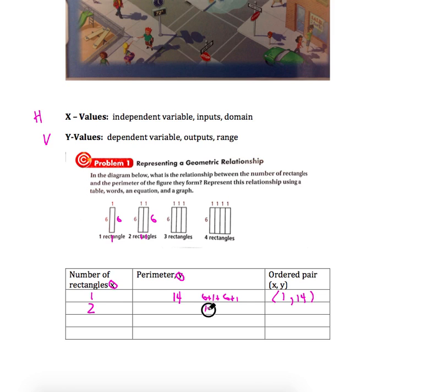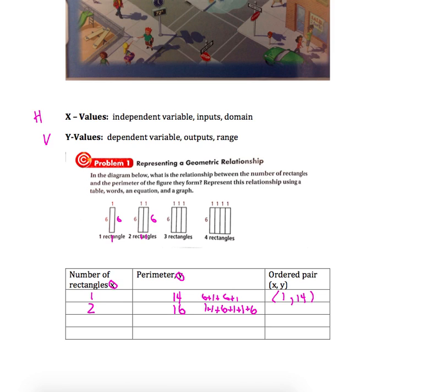So 1 plus 1 is 2, plus 6 is 8, plus 1 is 9, plus another 1 is 10, plus 6 is 16. So the perimeter of that shape is 16.